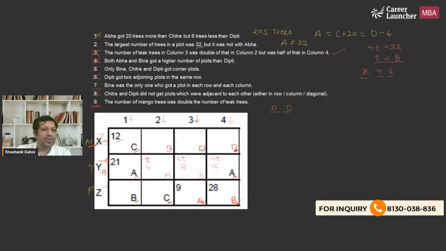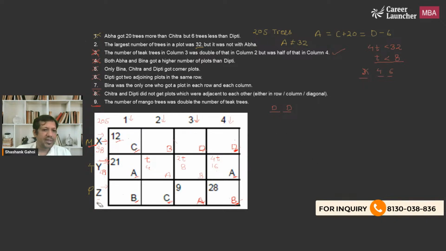And number of mango trees are double of teak trees. So this value is going to be 98. And here the total number of trees that we are talking about is 205. So this plus this becomes 147. So this value becomes 58. Till now, this sounds reasonable, right? So we'll come to that later on.